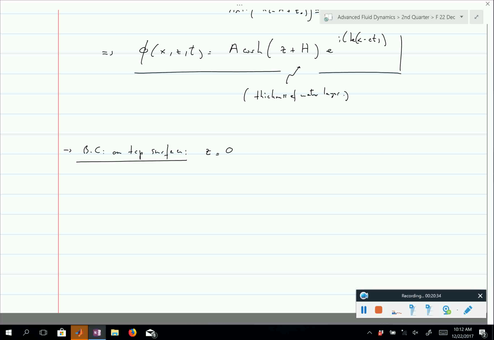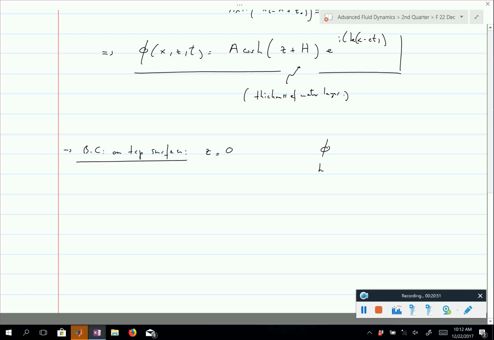But because we assume everything to be small, you just have to think that if I have a function which is small, so phi is going to be small. Phi is our small disturbance of the velocity. Phi is small and h is small.